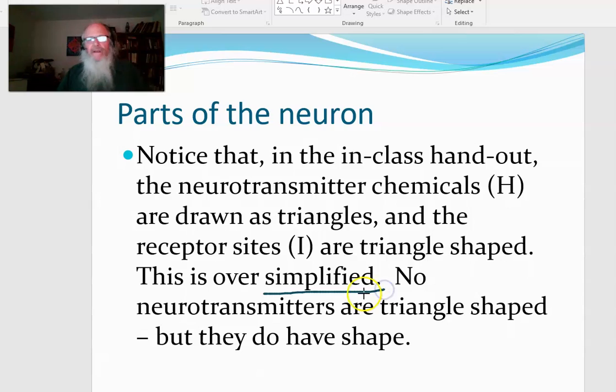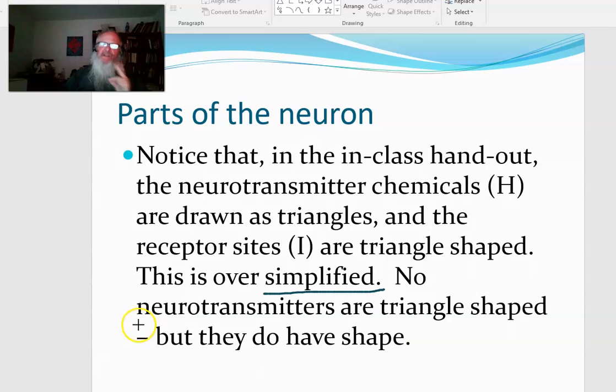Part of what I hope you'll think about, in terms of how all this stuff is working in our nervous system and influencing our behavior and our experience, is that just as the neurons take up space, they have a material space, they have a shape, the neurotransmitter chemicals do too.